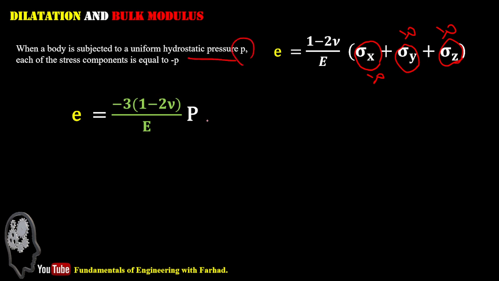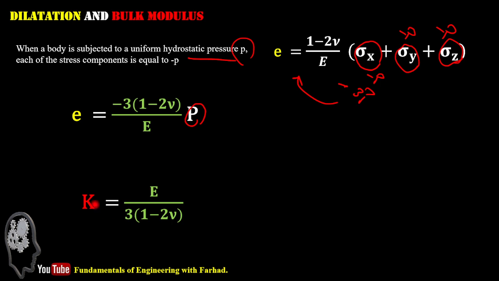So we can take P, and a negative 3P, take it to the beginning of the equation, rearrange the equation, and it gives us e, or dilatation of material, is equal to negative 3 over E times 1 minus 2 nu times the hydrostatic pressure.